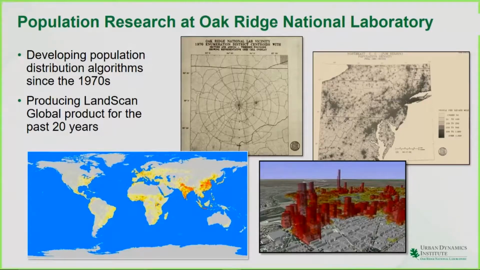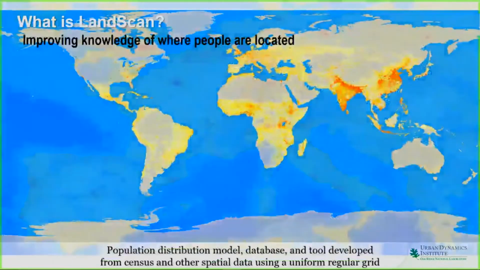And so for the last 20 years or so, we've been producing LandScan Global, which is what we consider our flagship product. And so today I'm going to go over a high-level description of what that data set is and how it's developed. And then Jake is going to talk about a newer development, which is LandCast, which is spatial distribution projections for the US.